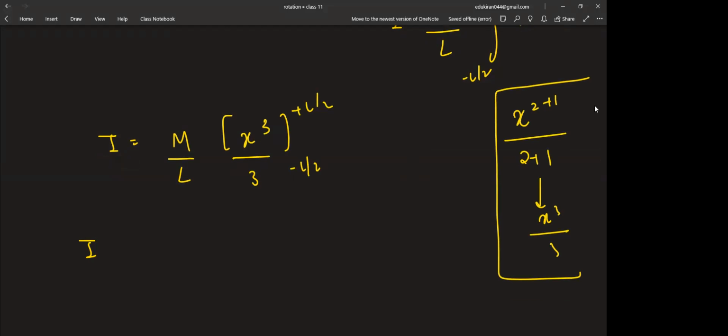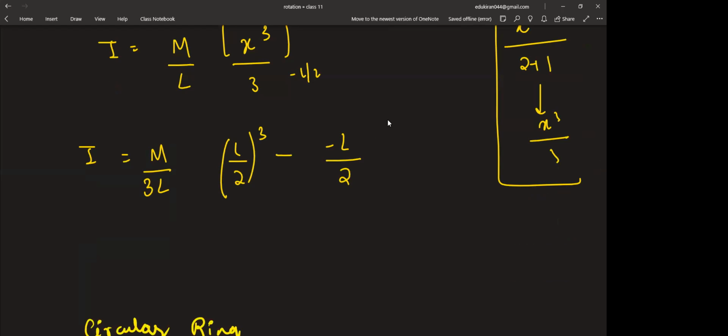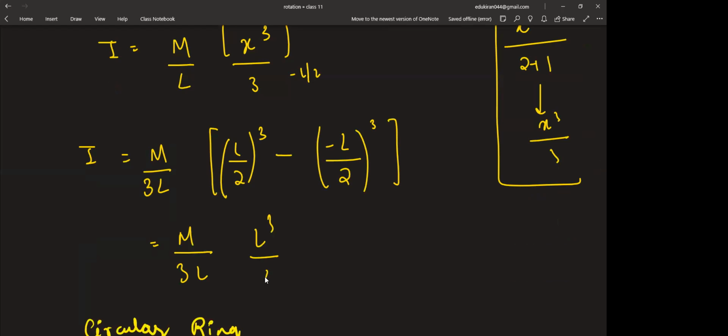I is equal to, let's put the upper limit first, plus L by 2 will be put first. So I is equal to M by L into L by 2 whole cube, with the 3 also. Let's bring this 3 also. So L by 2 whole cube minus minus L by 2 whole cube. This is M by 3L. This is L cube by 8. Minus will be plus.